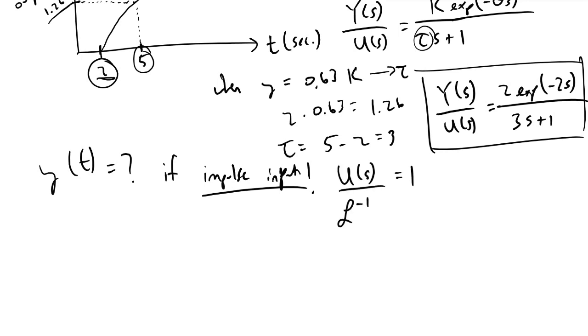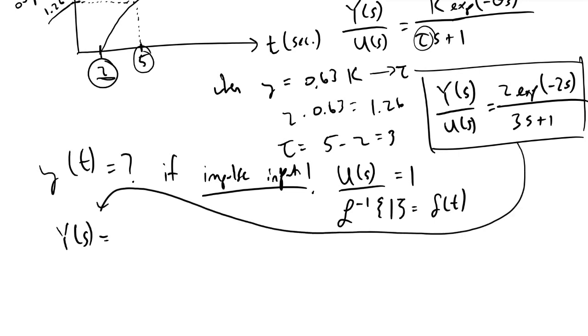And we'll recall that the inverse Laplace transform of 1 is equivalent to a Dirac delta function of t. And so what we'll do is now we will say that y of s is equal to, carrying everything over from here, 2 times the exponent of minus 2s, quantity divided by 3s plus 1. And we're going to multiply this by our u of s term, which was equal to 1 here.